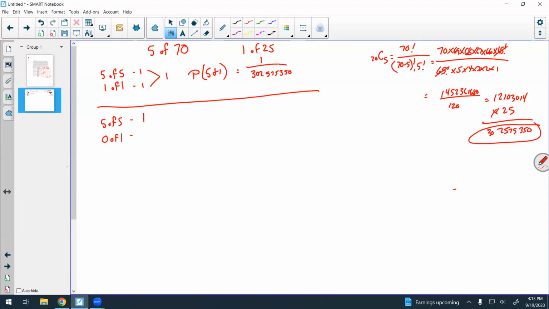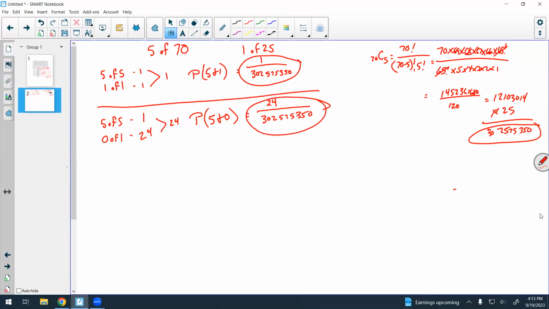One's a winner. How many of them are not winners? 24. So multiplying this together and I get 24. So this is fairly easy still. 5 of 5 and 0 of 1. 24 over 302,575,350. And that one matches as well.